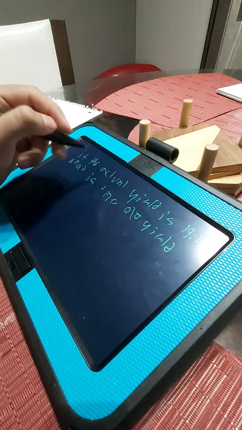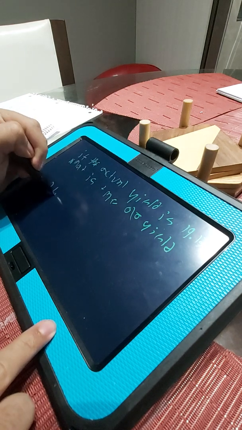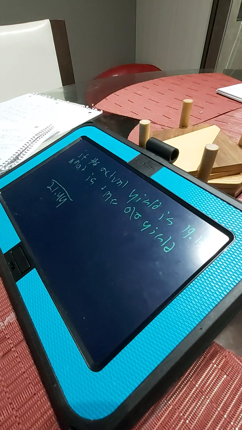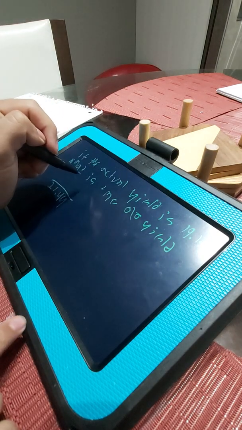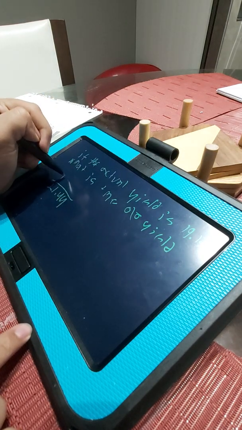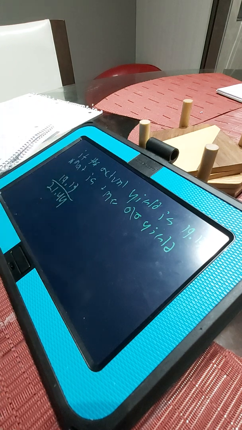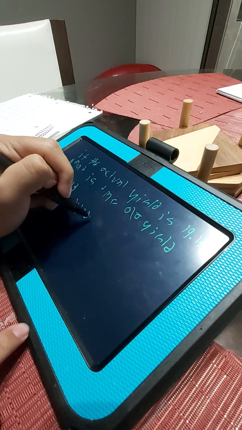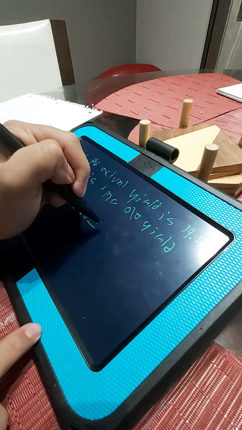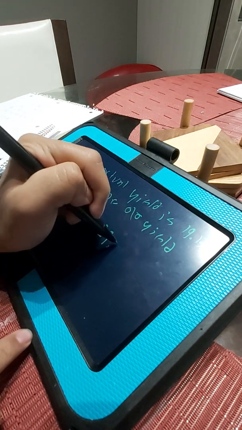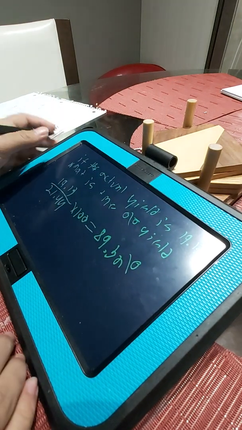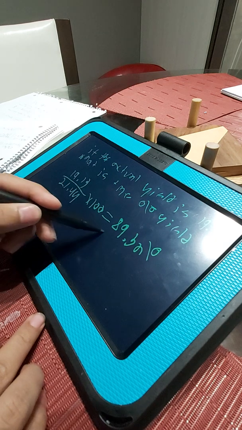In this case, it would be 21.44. That goes under, and over it goes your 19.13. And you multiply by 100, and your answer would be 98.3%, which would equal your percent yield.